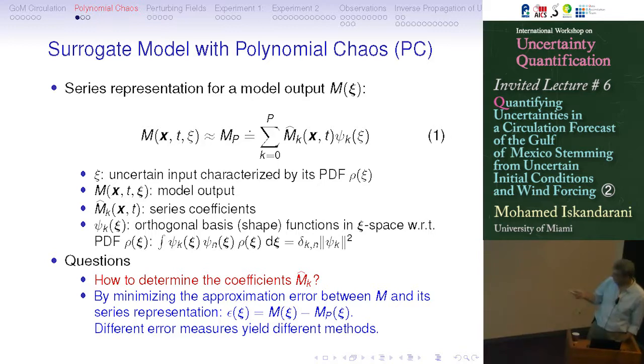And if you want to differentiate with respect to psi, to do the adjoint, for example, you just differentiate the basis functions. Beautiful, because we know how to manipulate a series. Okay. That's the real beauty of polynomial chaos techniques. All right.